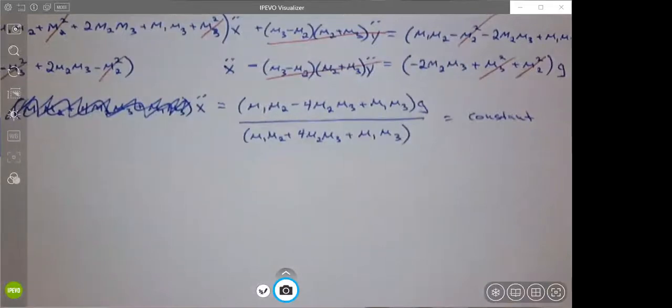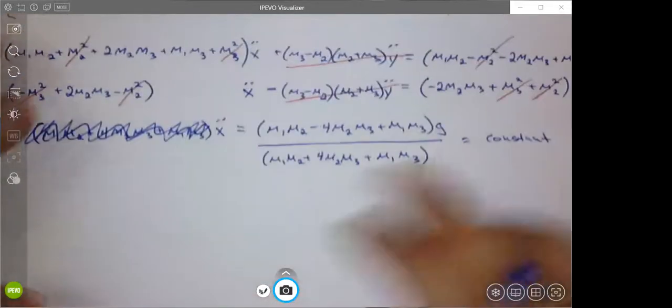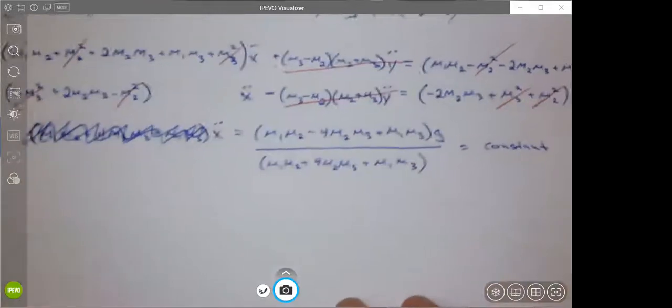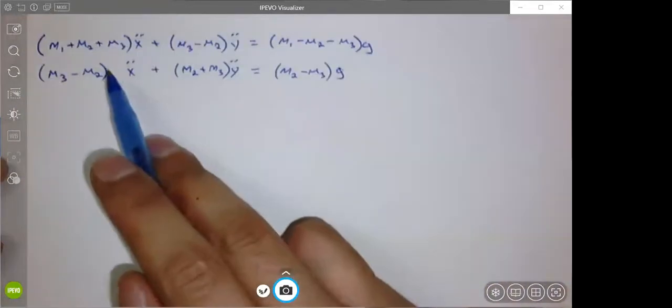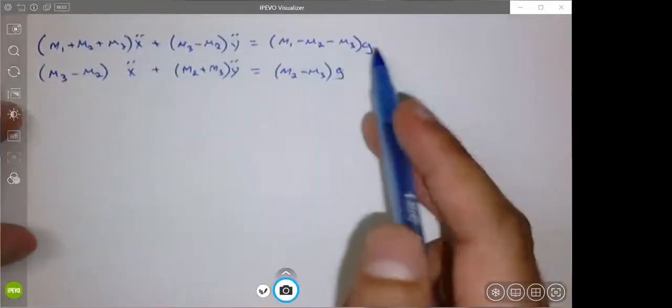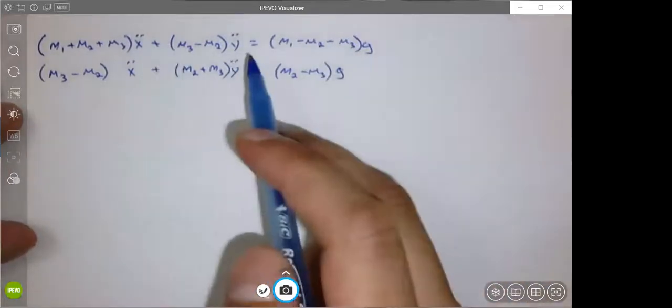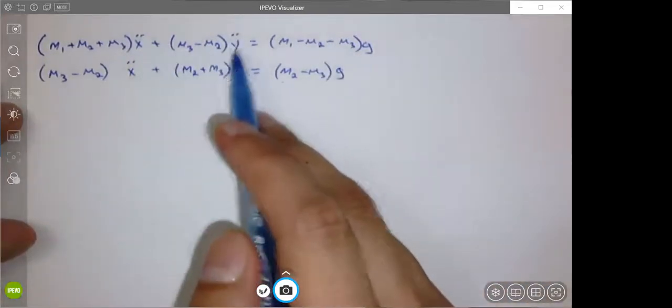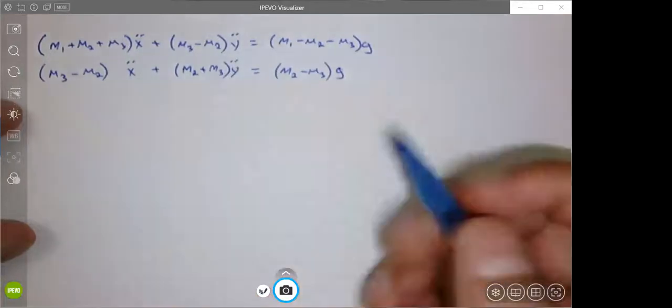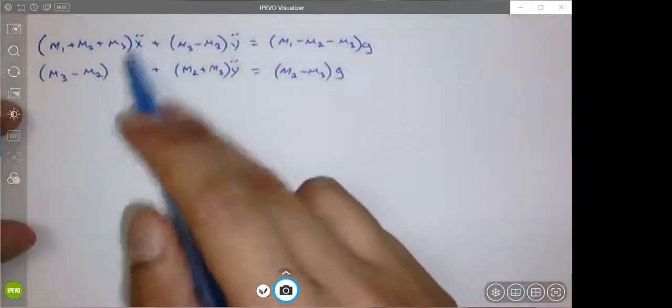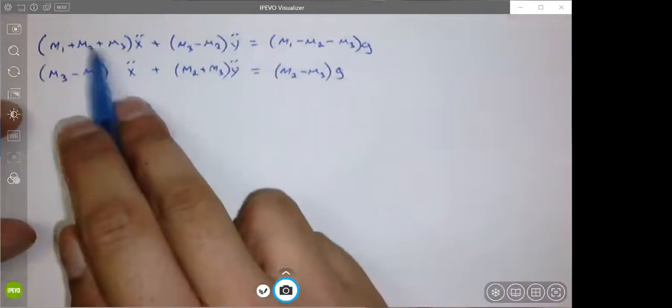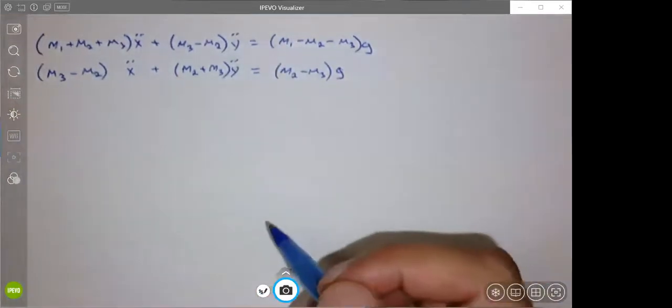What about for y double dot? I'm going to rewrite this again on the flip side of this page, and then we'll do that as well. All right, so I'm going to repeat what I just did for the y double dot acceleration instead of the x double dot, and we're going to eliminate these two values right here. These were the two equations that we had before.